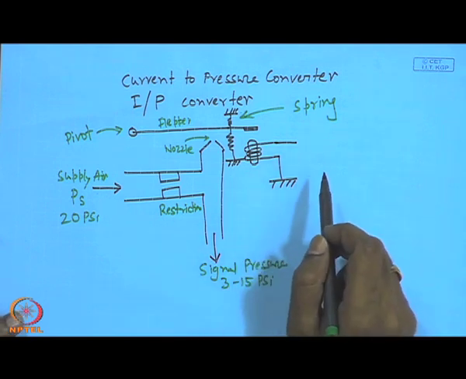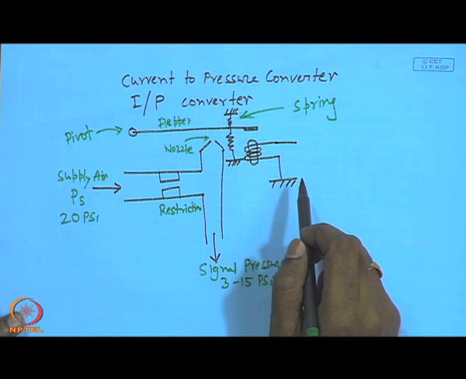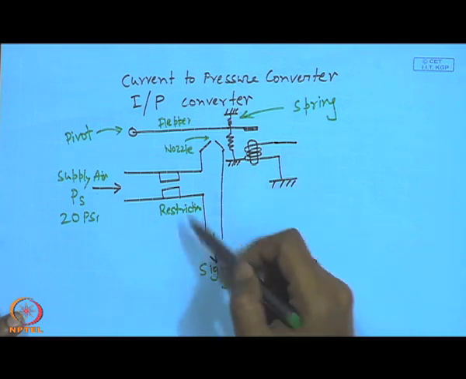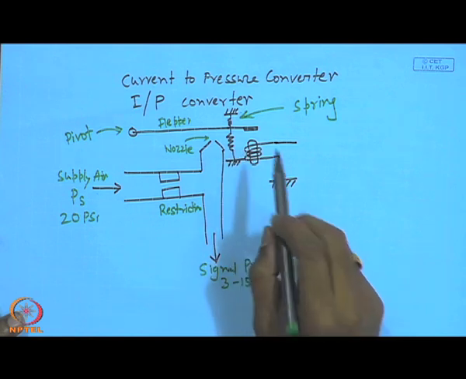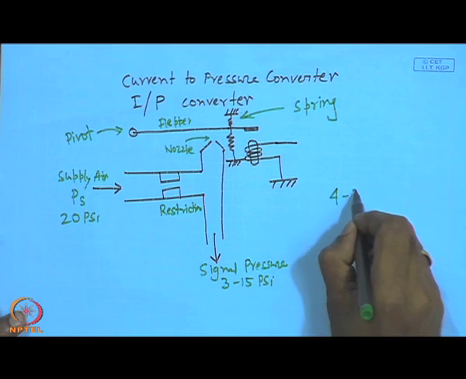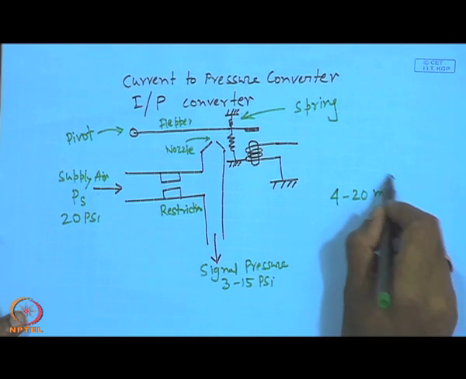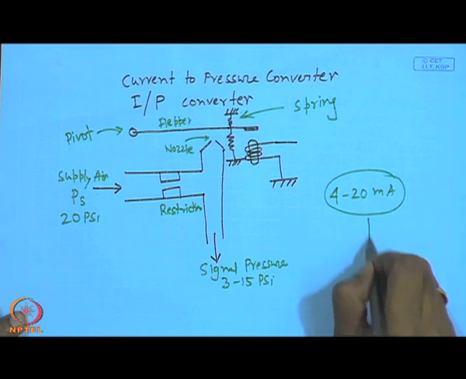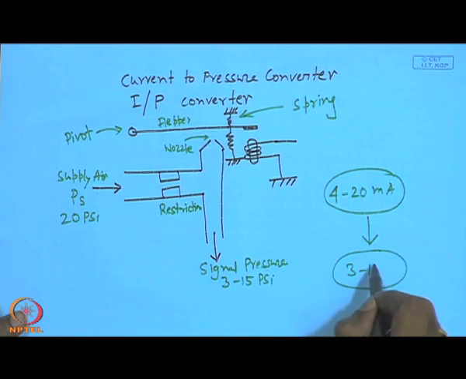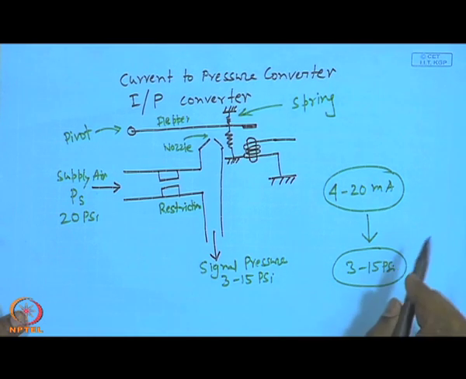Frequently, we may be interested in converting a current signal to a pressure signal. IP converter gives a linear way of translating 4 to 20 milliampere current to 3 to 15 psi pressure signal.